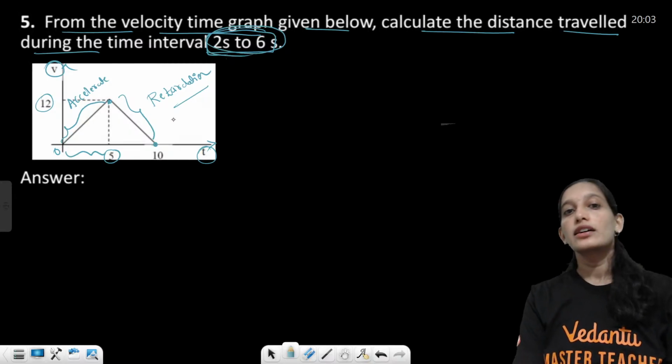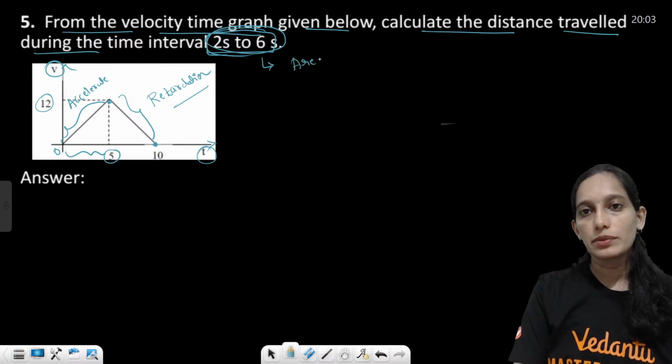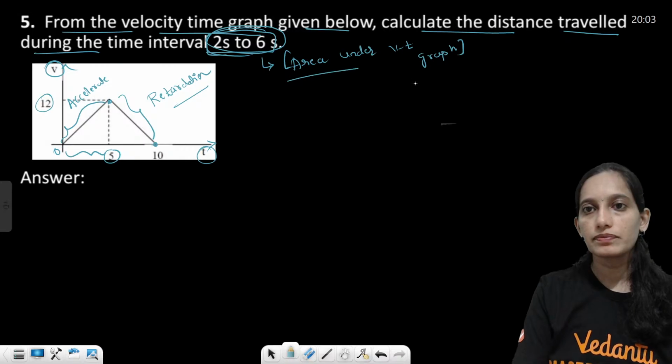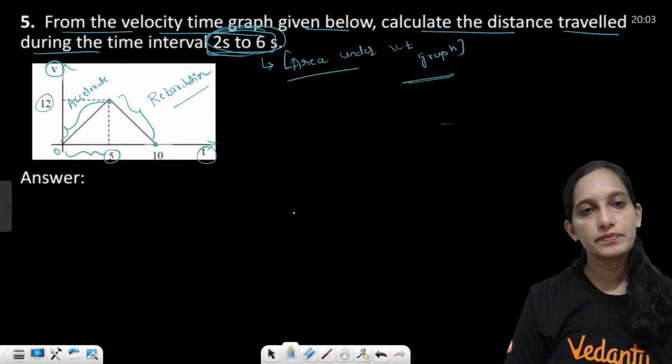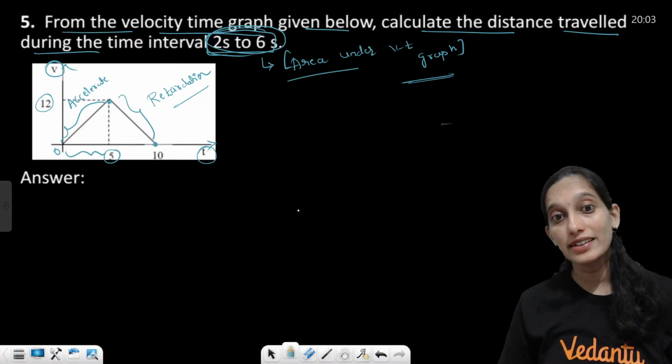So we have to find out the area between 2 to 6 seconds, the area under the VT graph. So that point should come to your mind. So distance traveled means we are supposed to find the area under the VT graph.